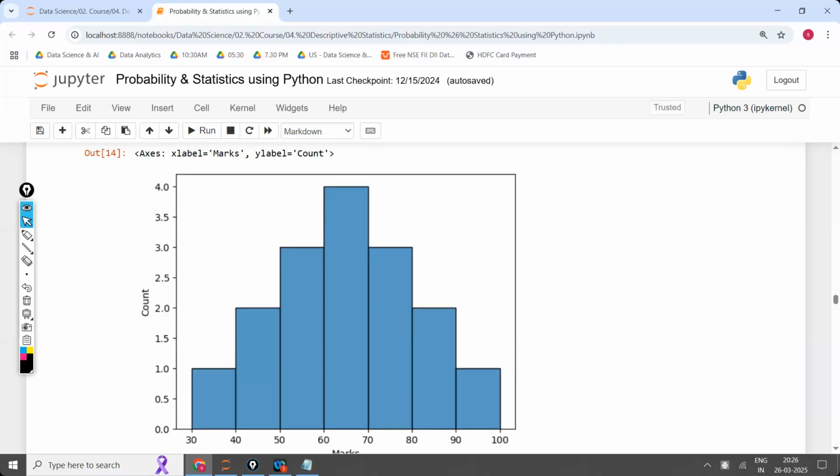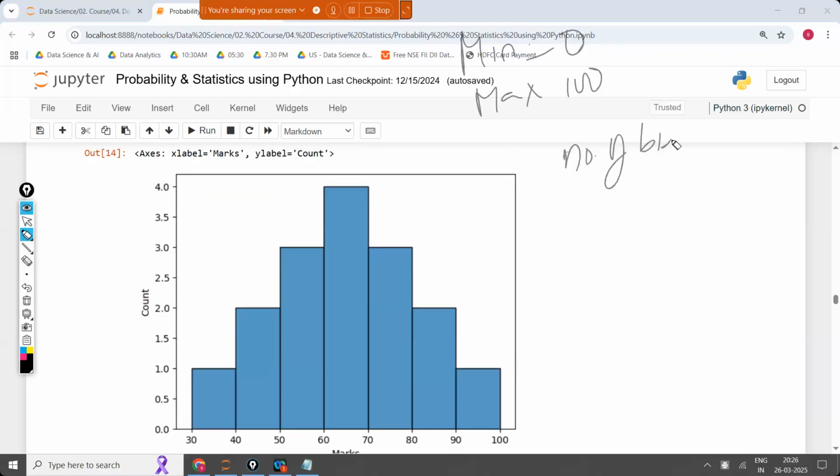And according to that, you have to fill. For example, let's take like this. You got the minimum value as 0, maximum value as 100. Now, if you take the number of bins is equal to 4, then what will the interval size become? 25. Means 0 to 25 as 1, 25 to 50 second, 50 to 75 third, 75 to 100 the fourth.